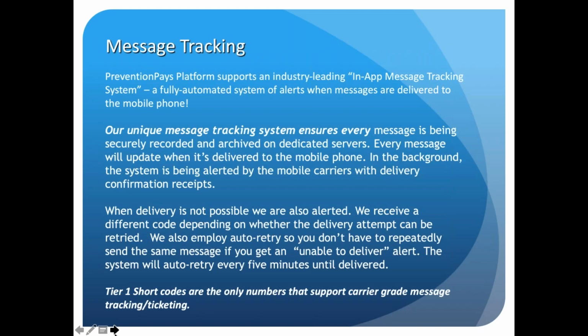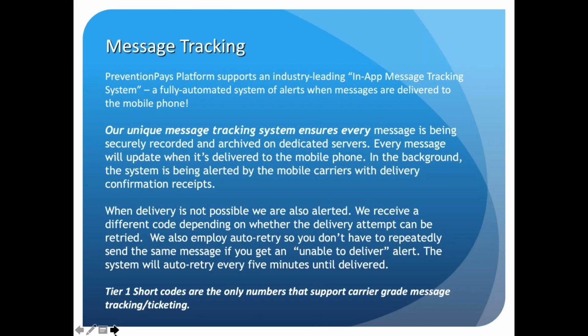So what is message tracking? It's not tracking in the way of tagging anything. It's tracking in the way of giving you receipts on when a message was delivered. All the mobile carriers support this. We have connected with them in a way that supports live updates from all the mobile carriers, letting us know when messages are received by them and when they're delivered.